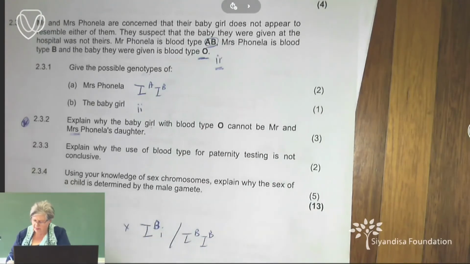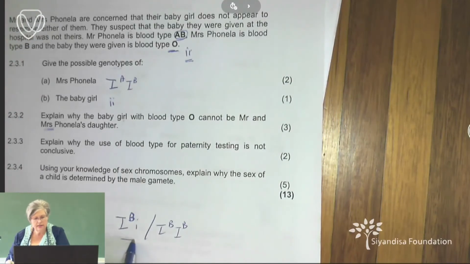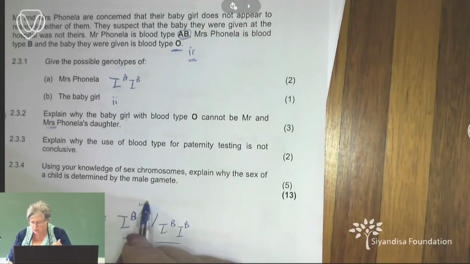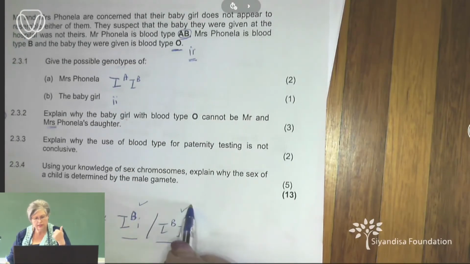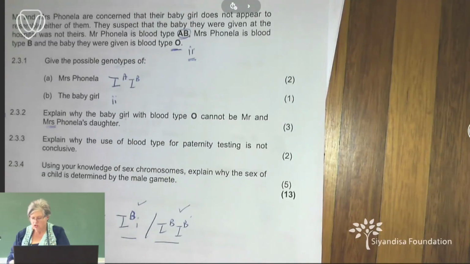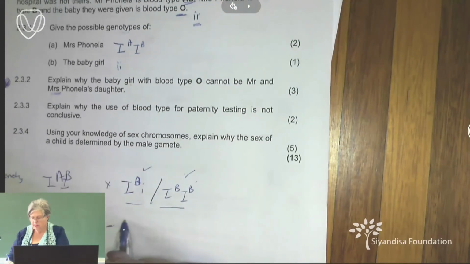Because now you must say Mrs. Punela can either be heterozygous or homozygous. That's the first mark. The next mark is to be O, you need small i, small i.